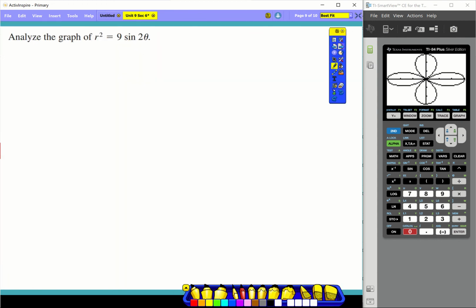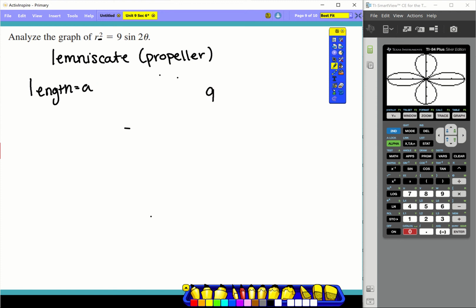Now we're going to analyze this graph. The first thing that we should notice is that r is squared. This will always produce a lemniscate. Remember, that's the propeller. So we can immediately say that the length is equal to A, and here 9 is equal to A squared.